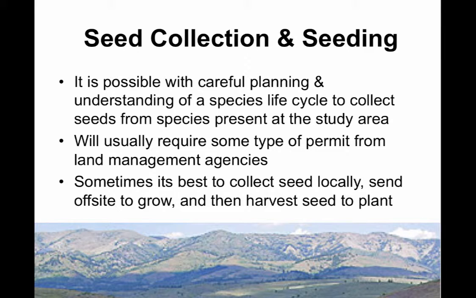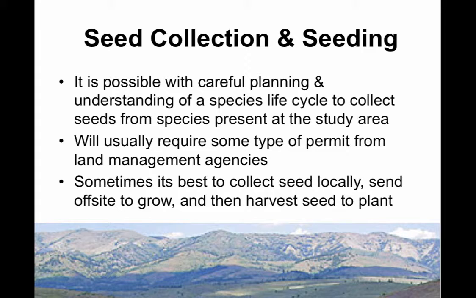Okay, and so often it's best to stay within a specific area around your restoration site and try to collect seed from that area nearby, or within a distance of, say, 100 miles from the area you're trying to restore, because those species are going to be adapted to the climate conditions as well as the moisture and other aspects that are going to be important for germination and establishment.